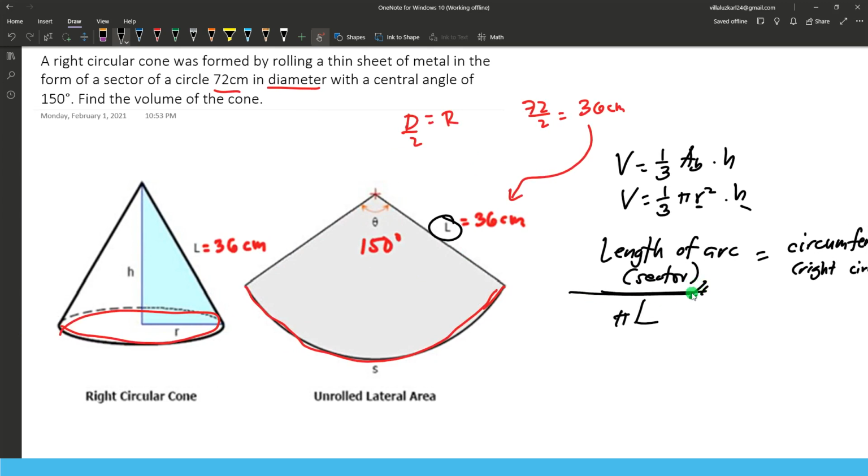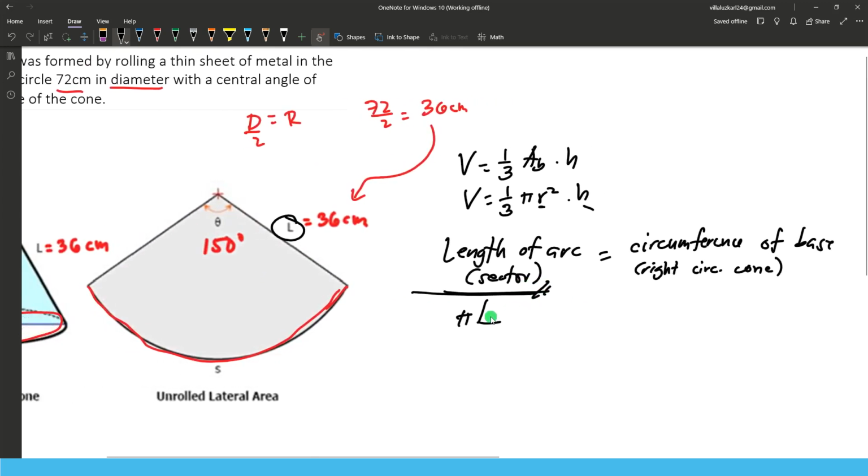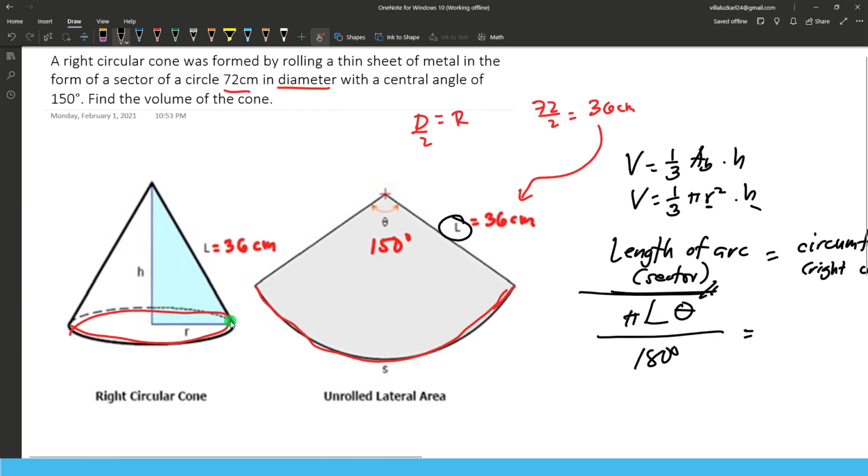We are concerned with the sector, so we use the radius of the sector: pi L theta over 180, the central angle. That's the length of arc of a sector, equated to the circumference of the base, where the radius is r. That's 2 pi r.